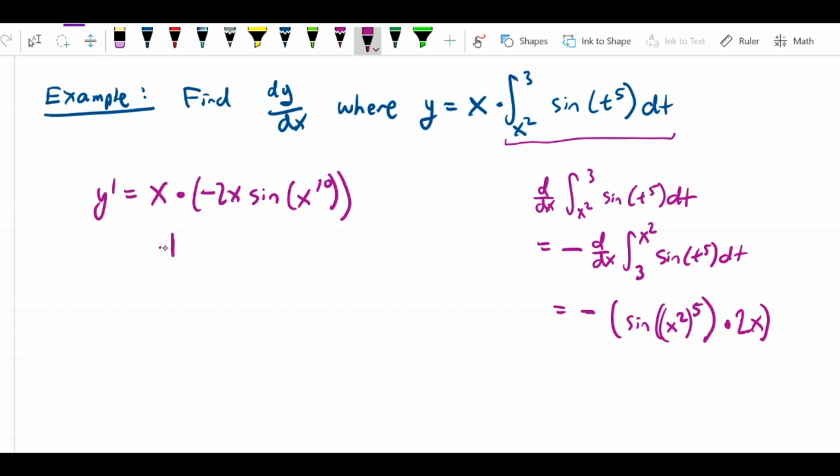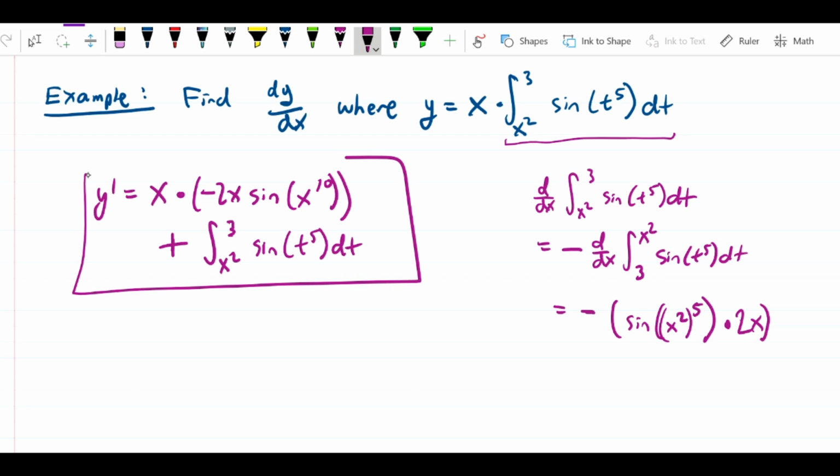And now I need to do plus the derivative of x, which is just 1, and then I have the original function, the integral from x squared to 3 of sine t to the fifth dt. And that's the answer. I just did a product rule where that was f and that was g. So I did f times the derivative of g plus the derivative of f, which was 1, times g.